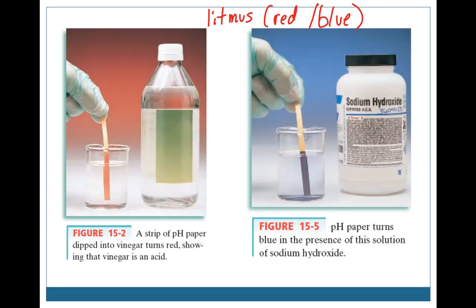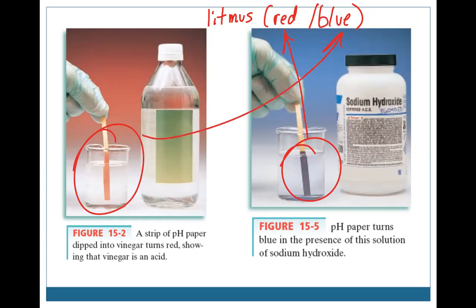You're going to use it for a base and vice versa. Bases turn blue, so you're going to use red litmus paper to see blue. Acids turn red, so you're going to want to use blue litmus paper to check for that.